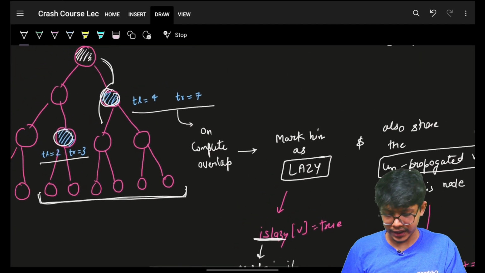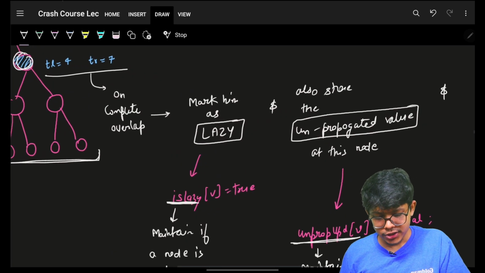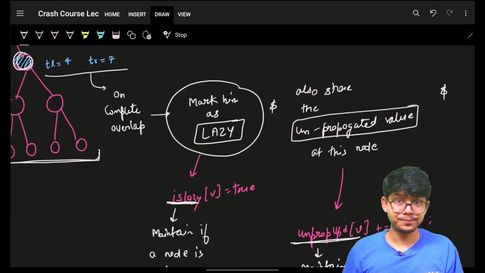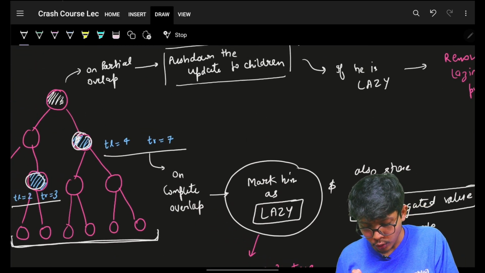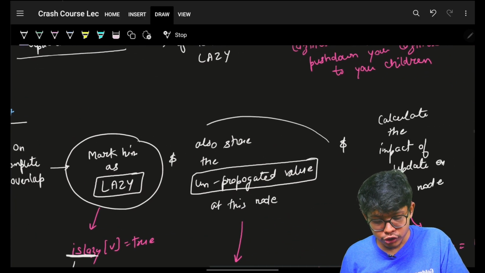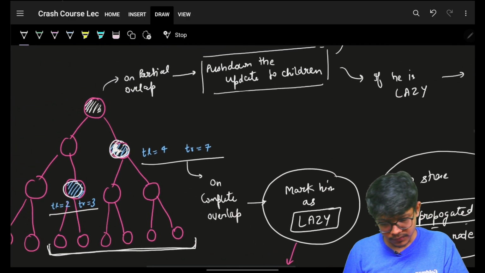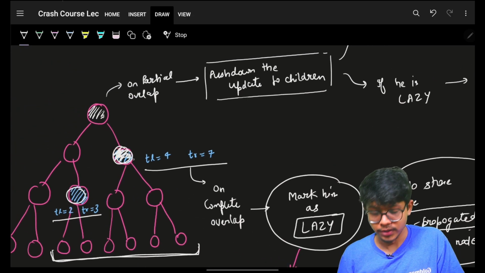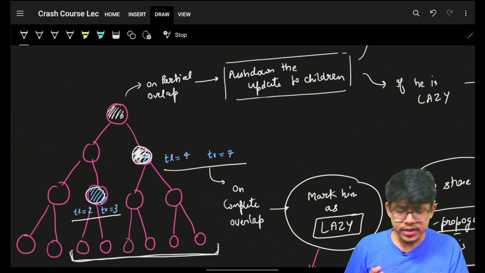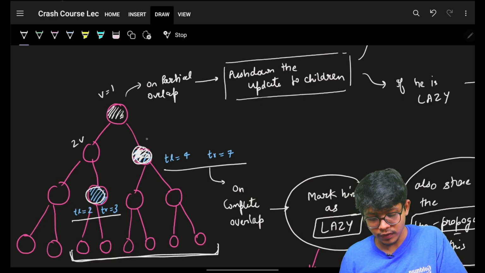So how to store it in terms of computer science? I will first mark whether some node is lazy or not. Then I will also store the unpropagated value. In this case, how to know which node this is? With v equal to 1, this is 2 into v, and this is 2 into v plus 1.